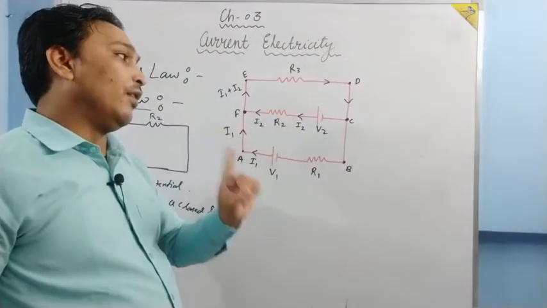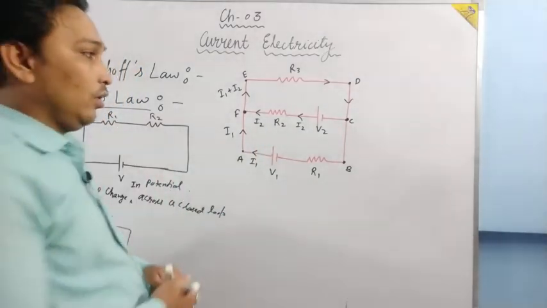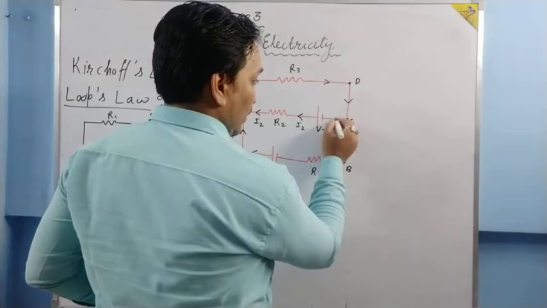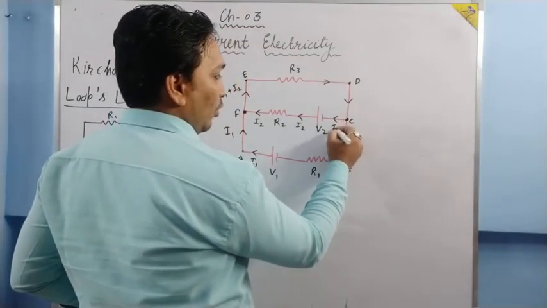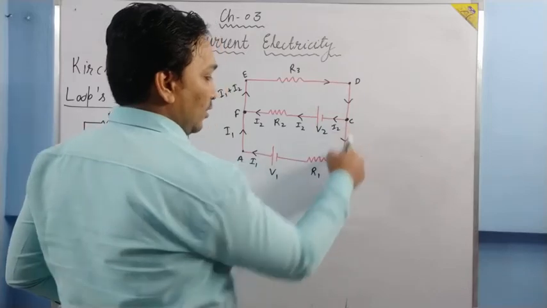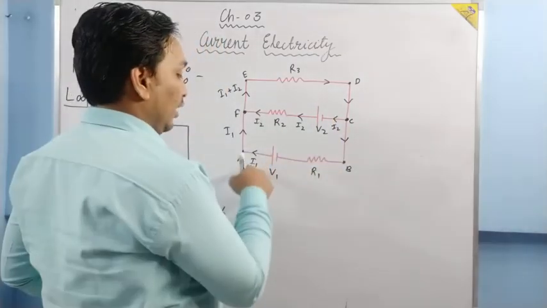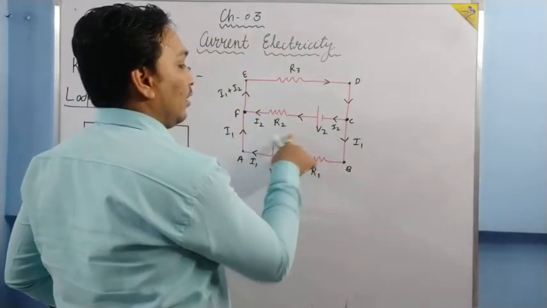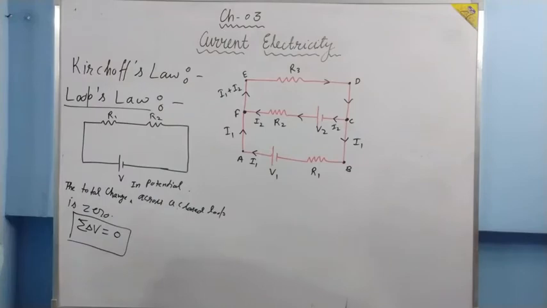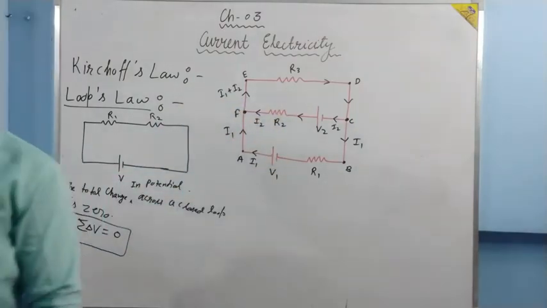I2 we have already assumed. So the current which goes in this branch from this junction should be I2. And in this branch, C, B, A, F, it is a single branch. We have already assumed I1, so current will go I1. So this is how the division of current takes place.